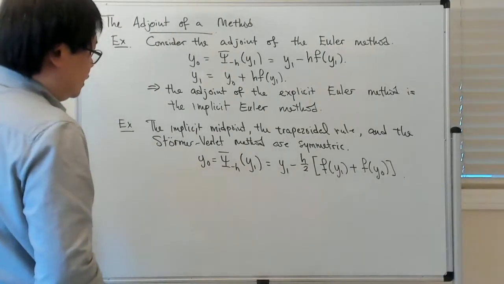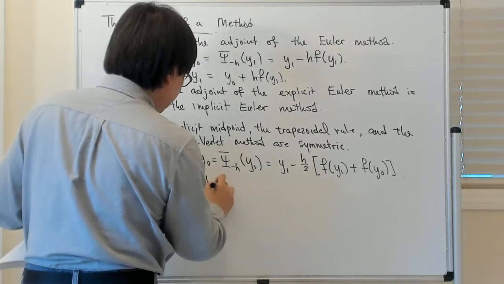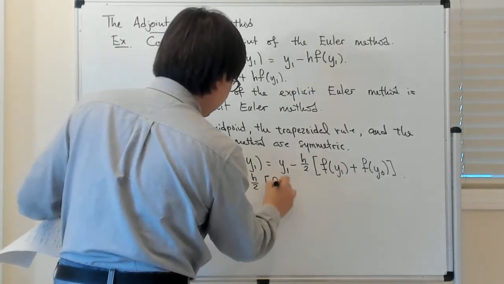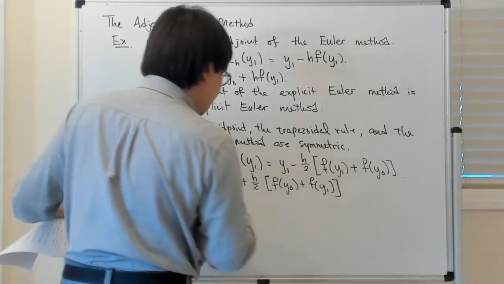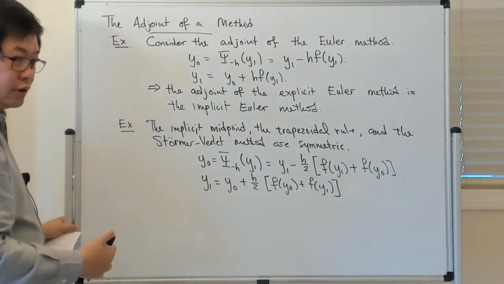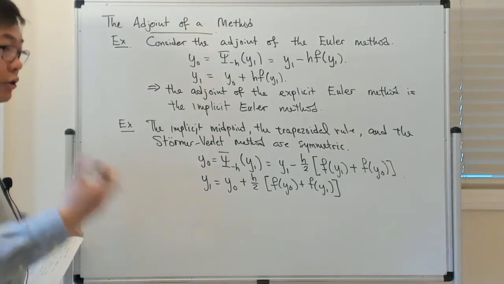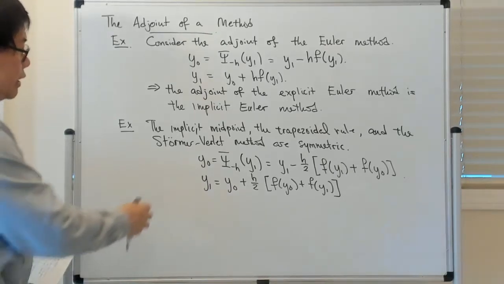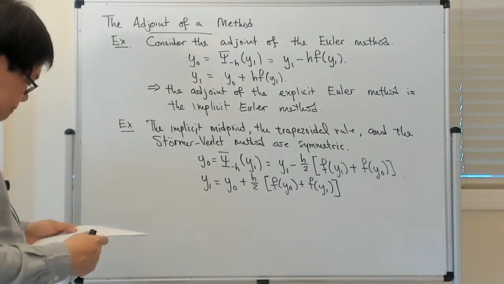And again, you can reorder this to get y1 is equal to y0 plus h over 2 times f of y0 plus f of y1, which is, of course, again the trapezoidal rule. So this illustrates the idea that the trapezoidal rule is self-adjoint. The adjoint of the trapezoidal rule is again the trapezoidal rule. And so it's sometimes referred to, as I said, as symmetric as well.